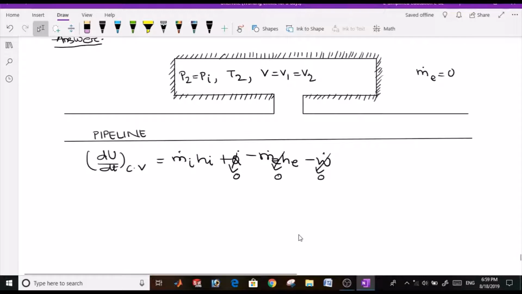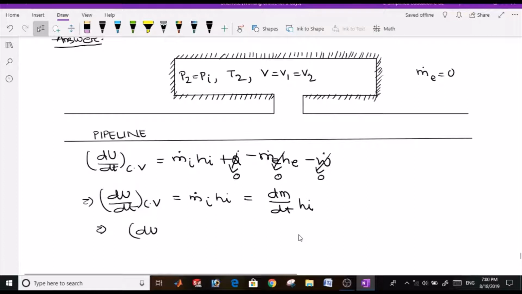There is no work transfer also, that's why the W term will be 0. So dU by dt of the control volume will be equal to m dot i into h_i. m dot i h_i means dm by dt into h_i. dt cancelled on both sides, dU of control volume equals dm into h_i. Okay.